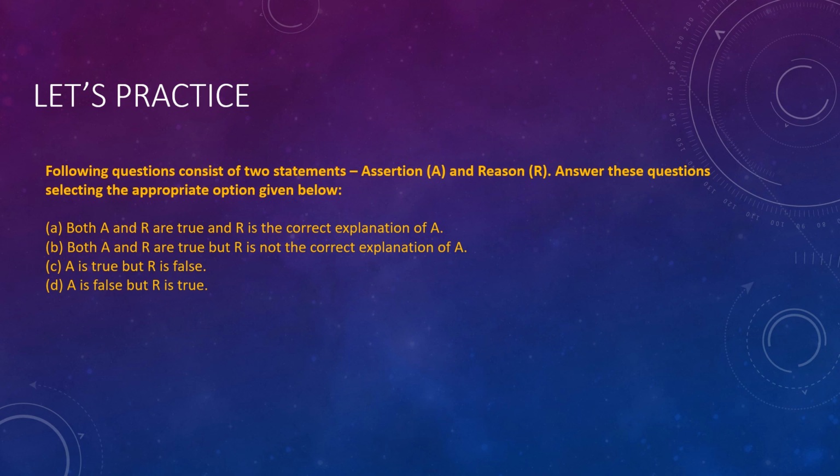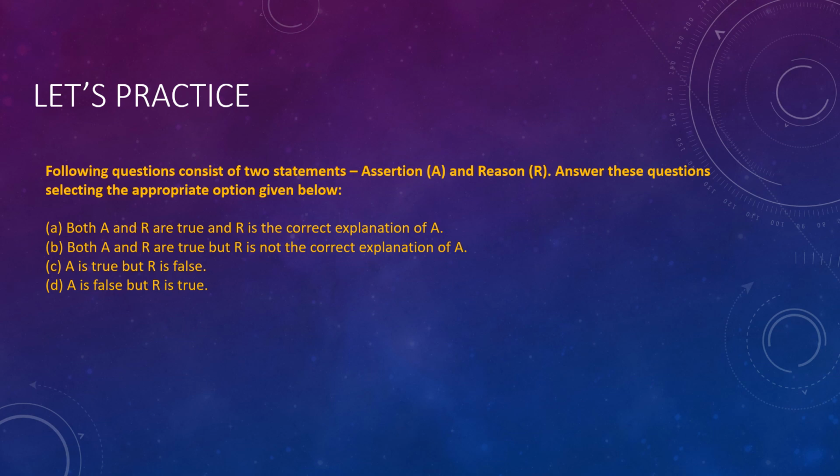In the current year, that is 2023-24, the assertion reasoning questions come with these four options. You need to choose the right answer between options A, B, C, and D. Option A says both A and R are true and R is the correct explanation of A. So A means assertion statement, R means the reasoning statement.